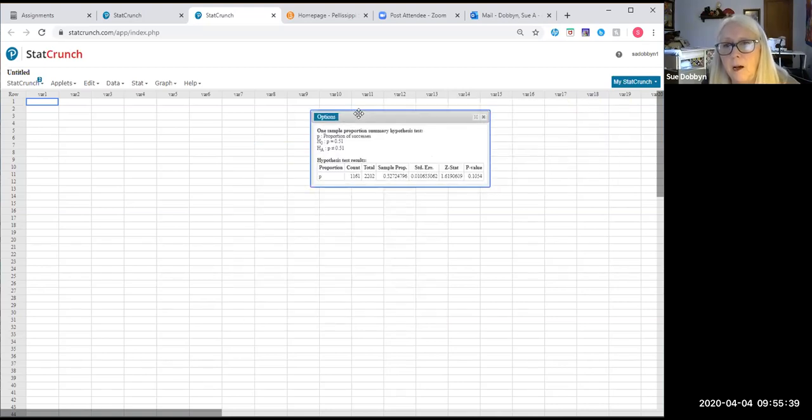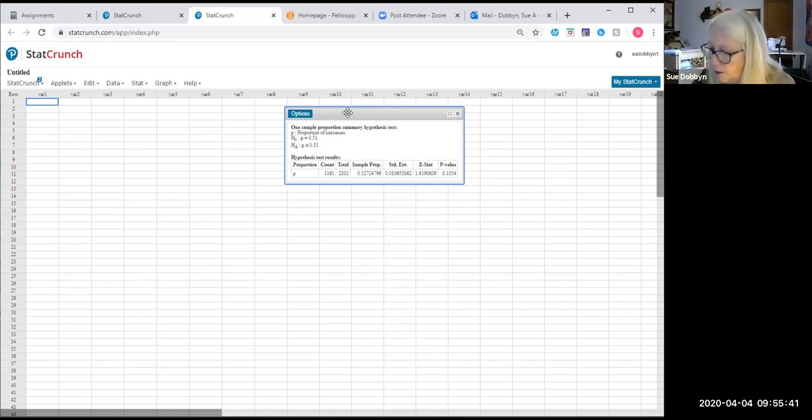And so now the results are a test statistic, the z-stat at 1.619, and the p-value is 0.1054. Okay, so now I'm going to go back to the IPVO screen.